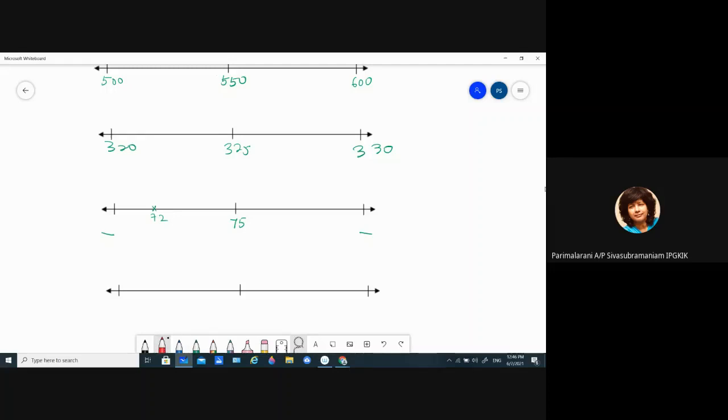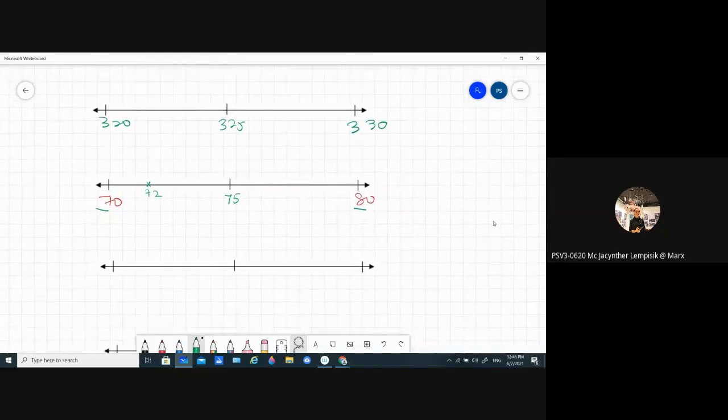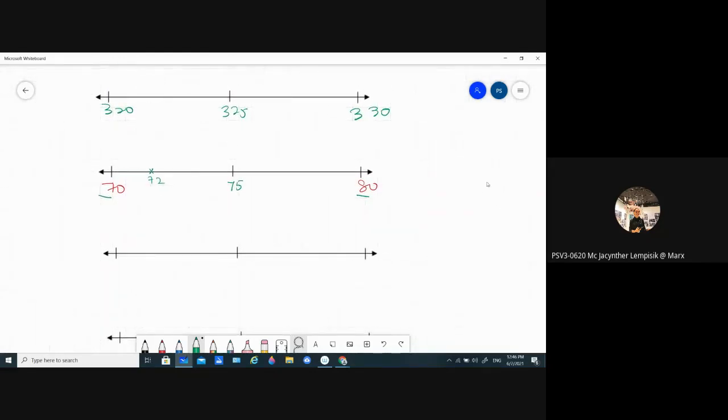What's the number here on the left? 70. 70. On your right? 80. 80. Okay, this is easy for you, but it's not easy for the children. They need to think and understand it properly. Okay, I give you another one. Say this is 350.